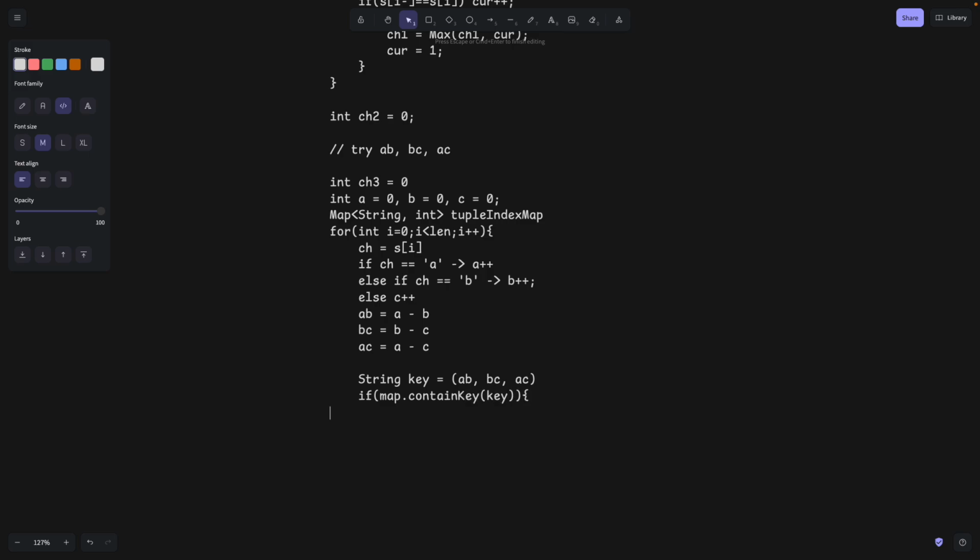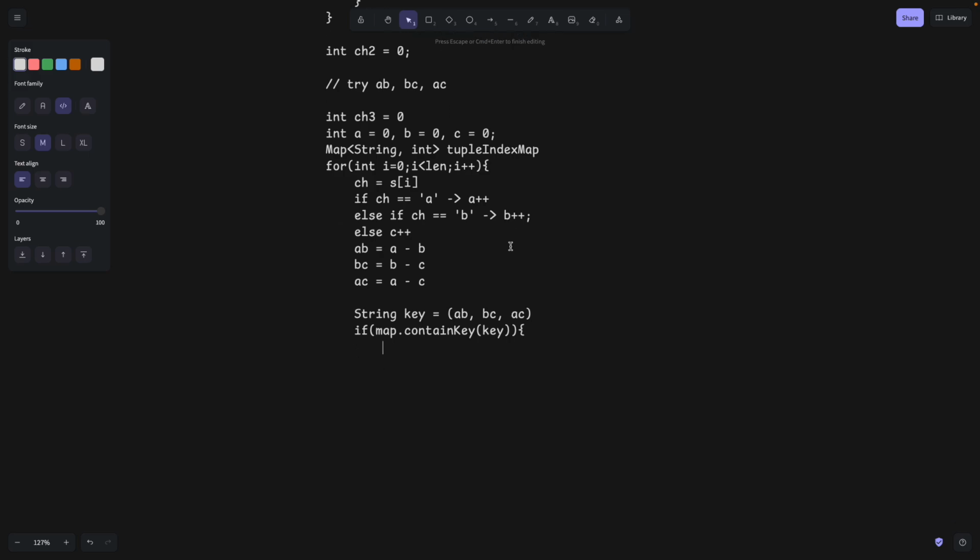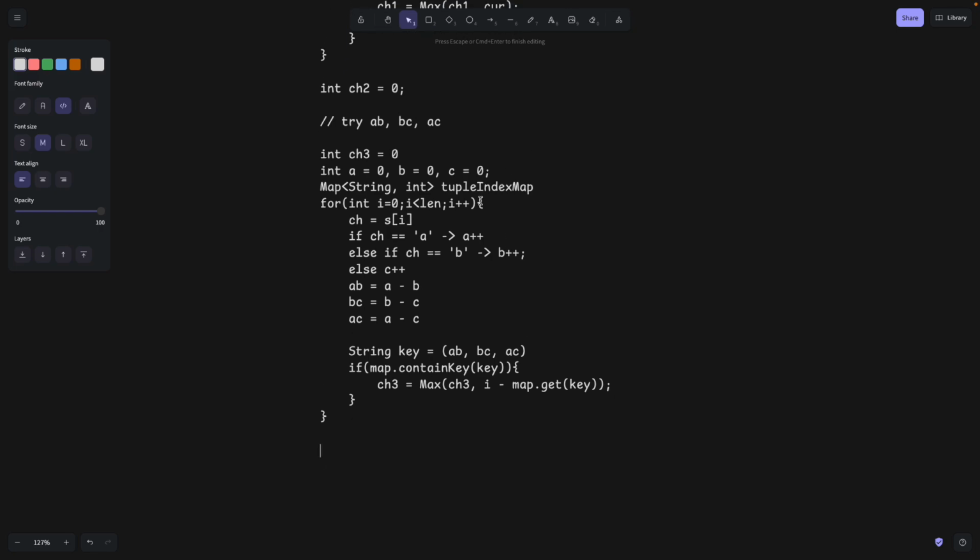If it does, it means that we have found a balanced substring and CS3 will be maximized. Map.get(key), and we subtract it from our current index. So this is going to be the CS3. Okay.